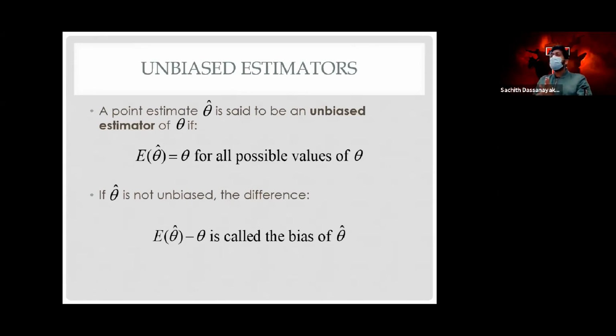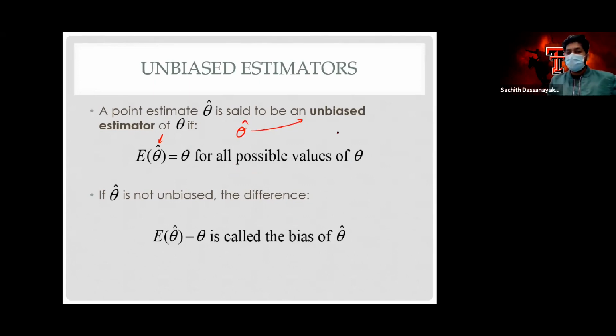Once you get the expected value of theta hat, it should equal the parameter. Whatever you get here, in general, it is theta. So the expected value of that unbiased estimator equals theta for all possible values. We can say this theta hat is an unbiased estimator of theta.